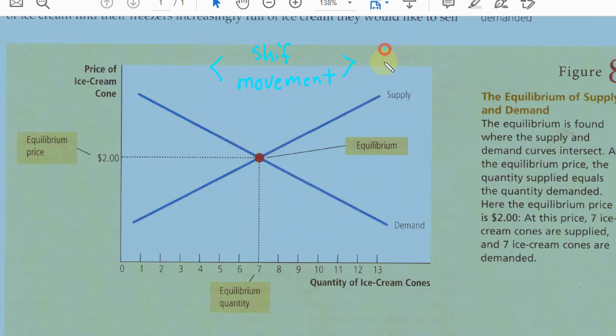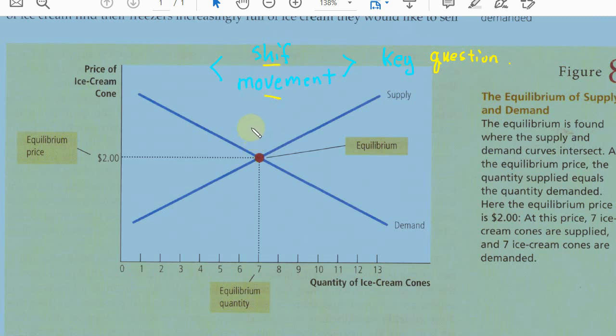This is the key answer. Key questions. What is the difference between shift and movement?